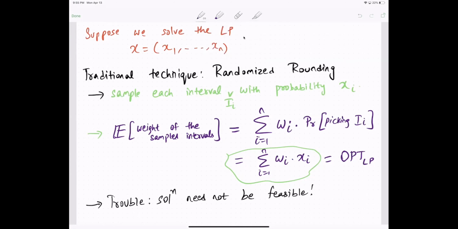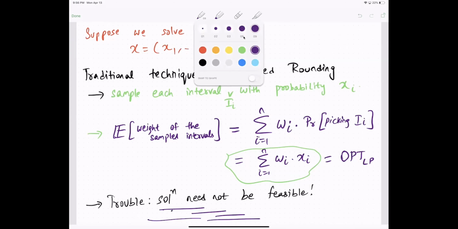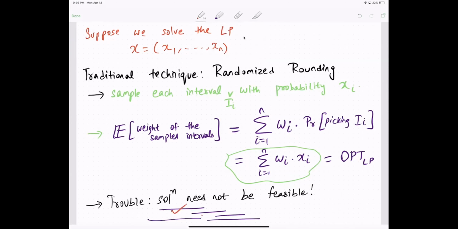It's highly possible, I mean, you're just sampling and it could happen that this guy gets picked and this guy gets picked and maybe this guy gets picked. So then if these three are picked, clearly it's not a feasible solution because they are not disjoint.